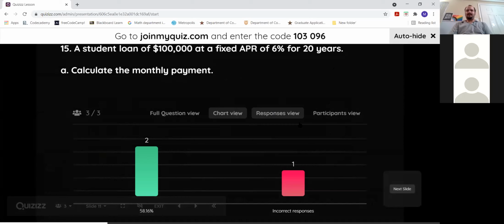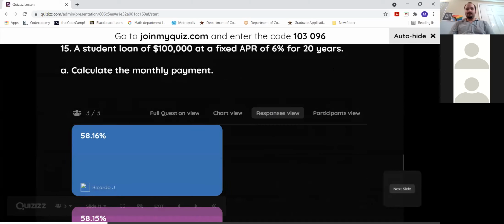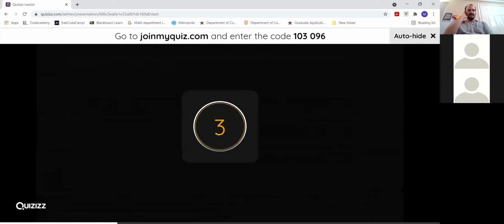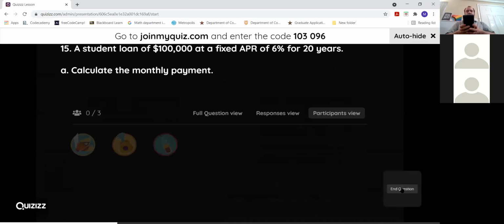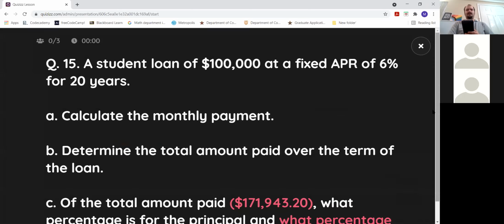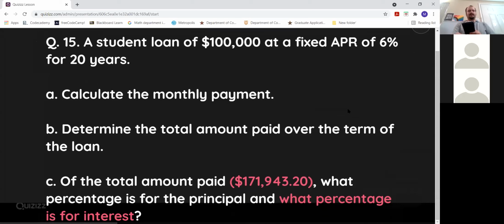58.16, is that what we're getting? Okay. Good deal. 58.15. There it is. And then we want to find now what percentage of that was interest is the next question. I think there's two ways you could do this probably.